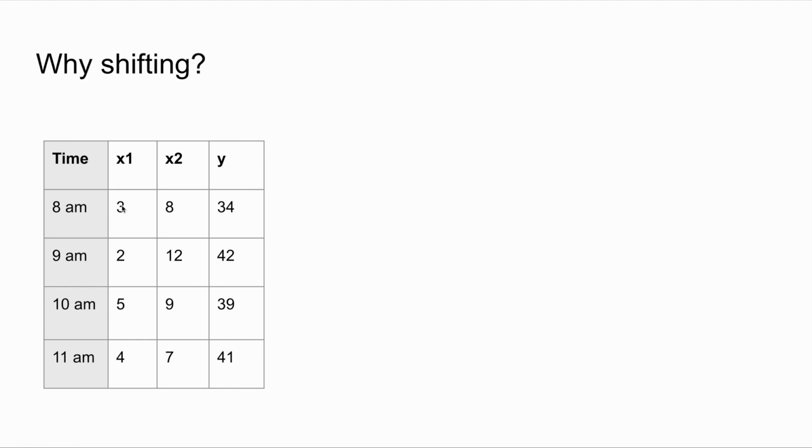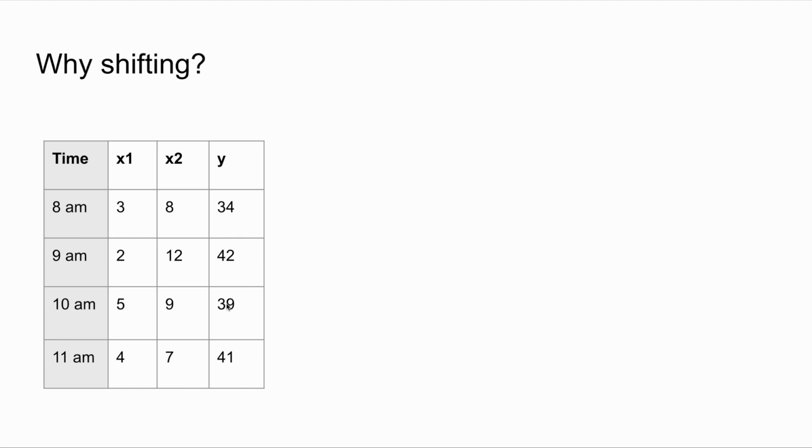Now, in classical classification or regression, we are saying these two numbers, 3 and 8, are resulting in this 34, and 2 and 12 are resulting in 42, and so on. But that's not what we're really interested in for prediction, because that's the current state. What we really want to know, for example, is whether for the next hour, 3 and 8 is going to produce 42, and 2 and 12 are going to produce the next hour number, which is 39.